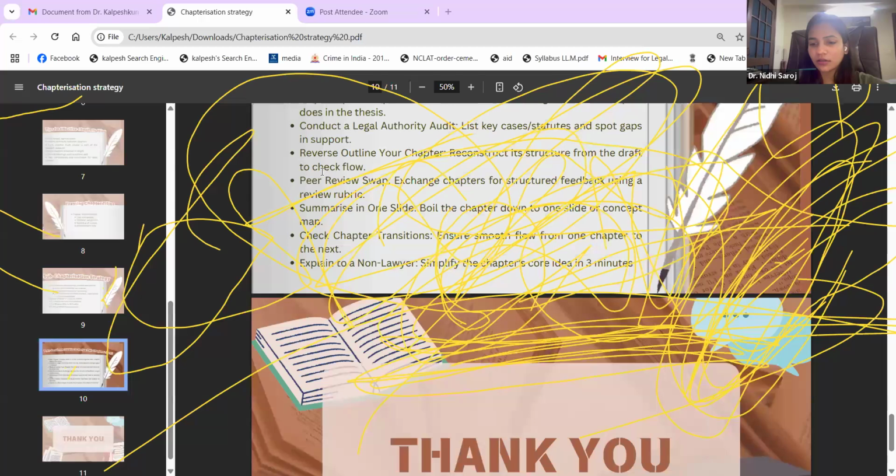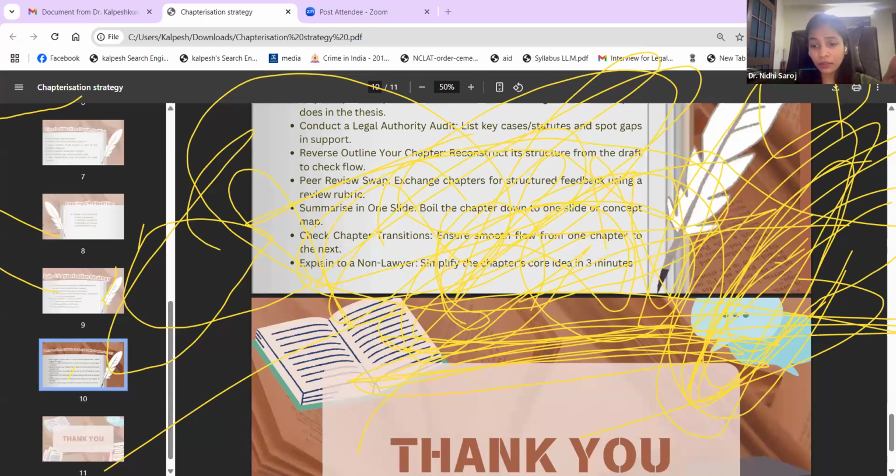Yes. So it's going to be a doctrinal research, I assume, Inam. I think you've written yes for that. So first of all, for your research topic, I feel you have to give an evolutionary perspective of international law.